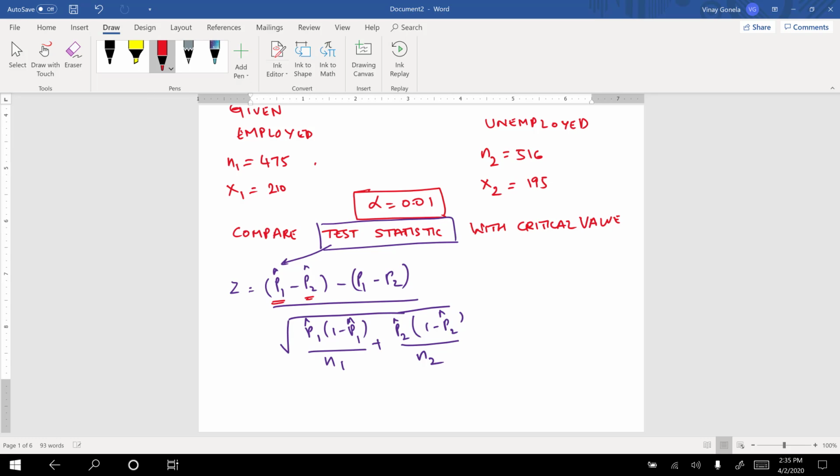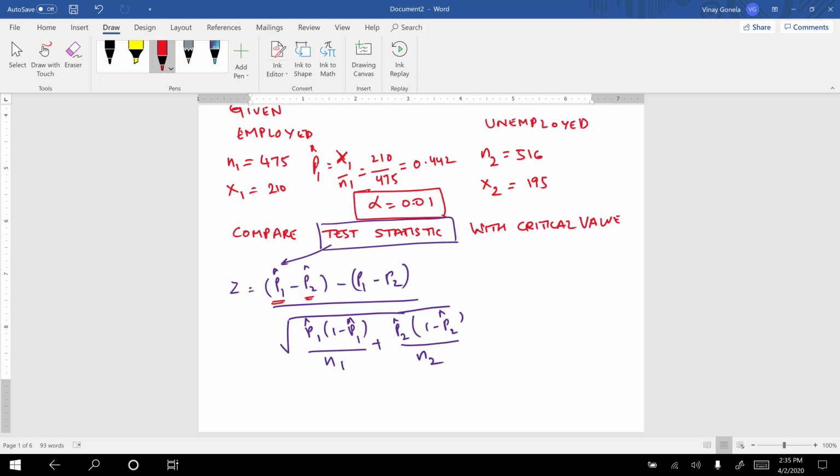To get p1 hat, the formula is x1 over n1, which would be 210 over 475. So this is going to be 0.442.